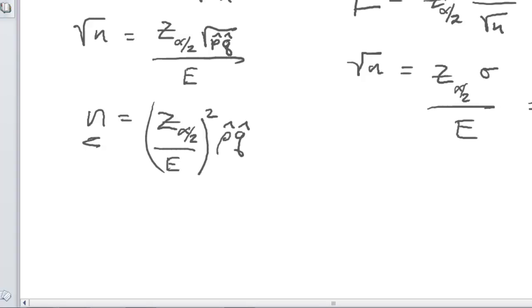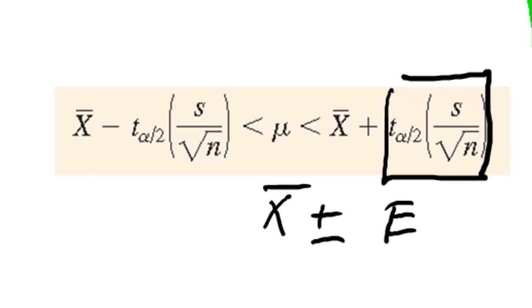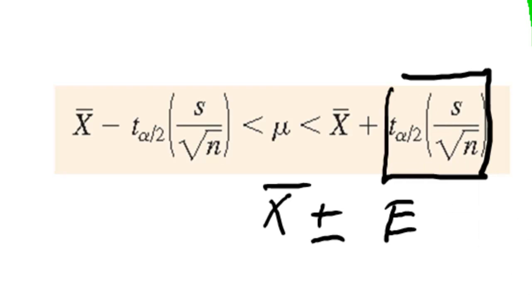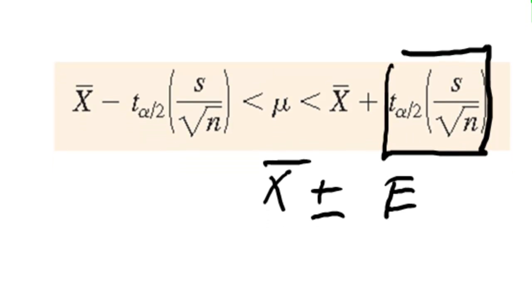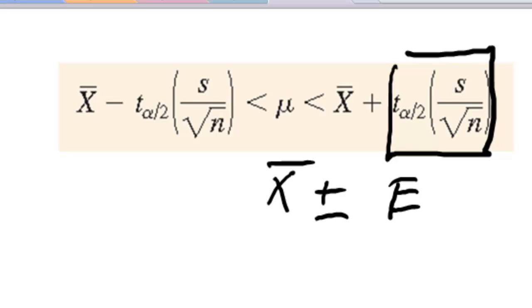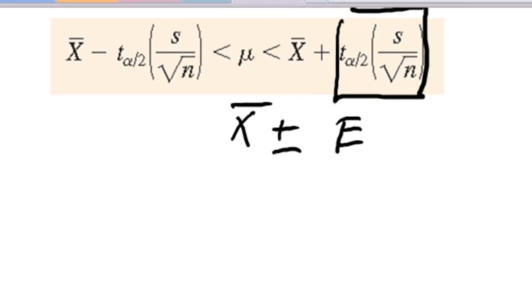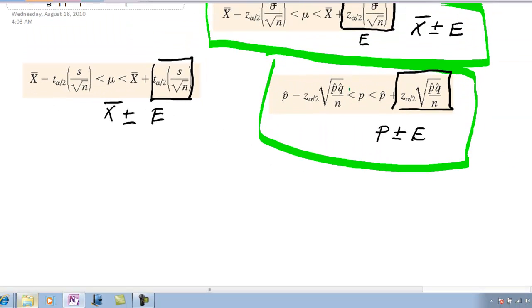However, I can't do it with this one. And you might ask why, but the reason is very simple. Every time I change n, t alpha over 2 changes because I go to a different curve. There isn't one t distribution. There are many. And so every time I select a new value for n, I select a new curve. It's not like these other ones where z alpha over 2 is set.